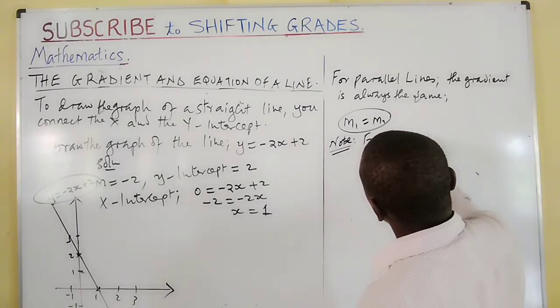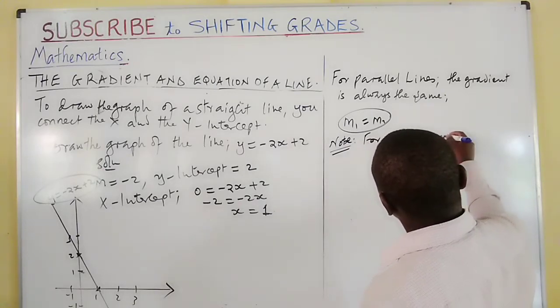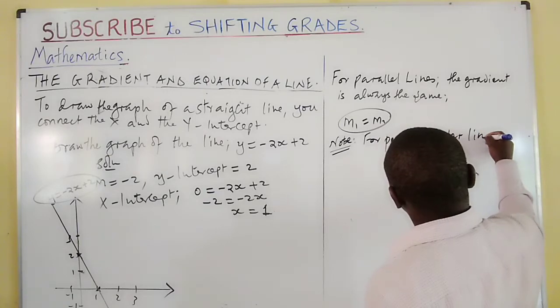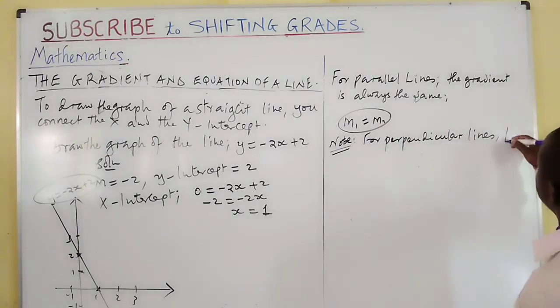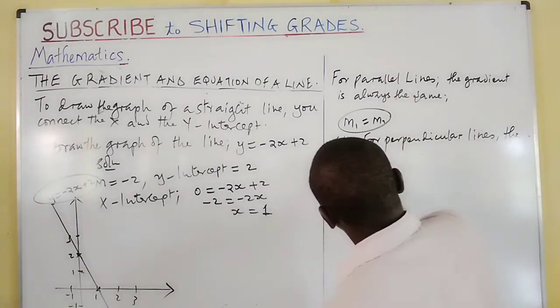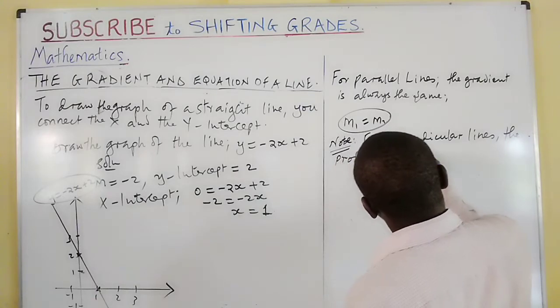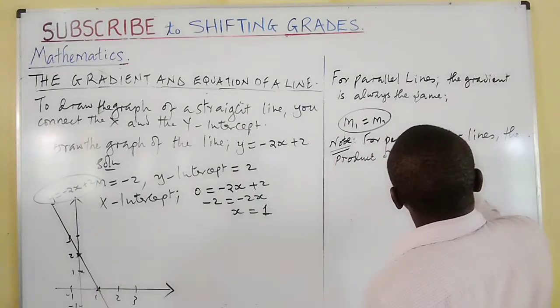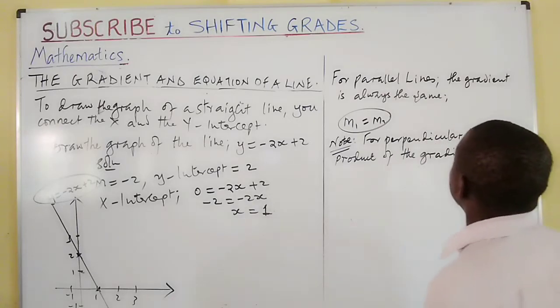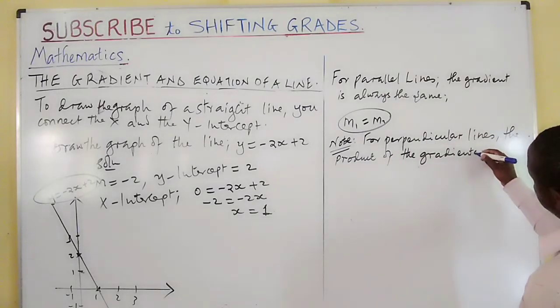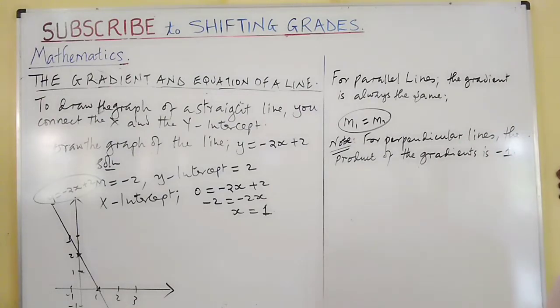For perpendicular lines, the product of the gradients is -1.